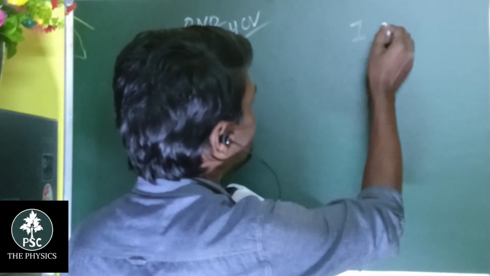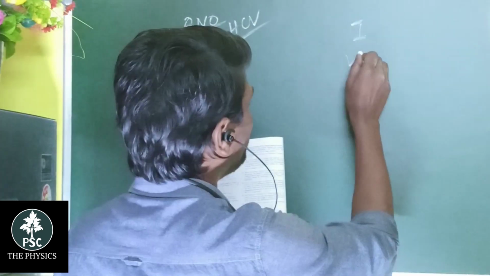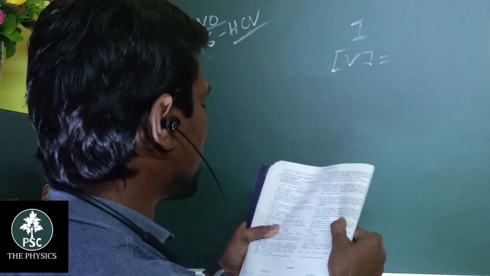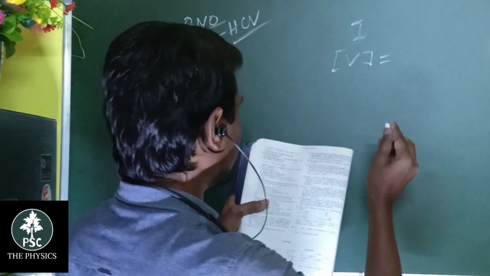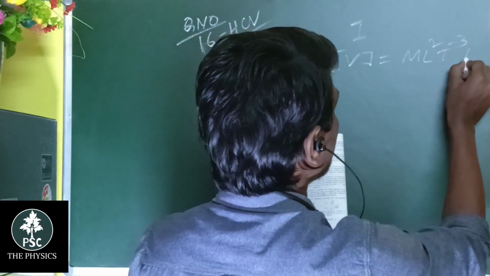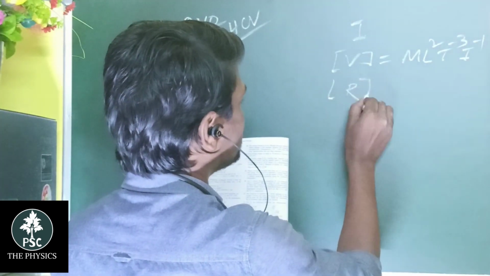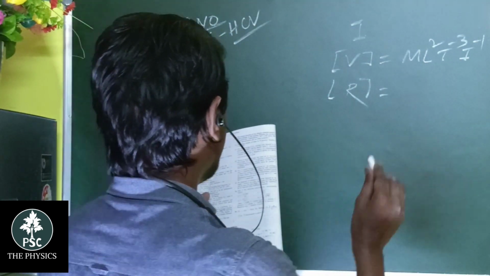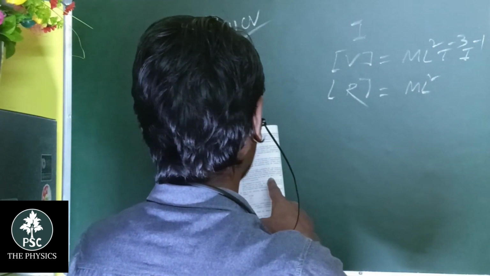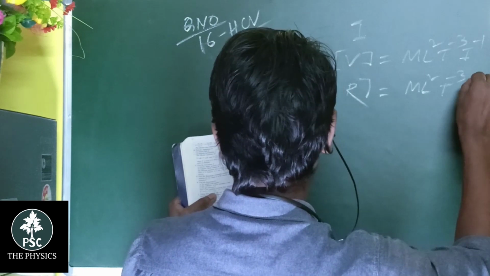The dimension of current is fundamental, so current is I. The dimension of V is ML^2 T^-3 I^-1, and the dimension of R is ML^2 T^-3 I^-2.